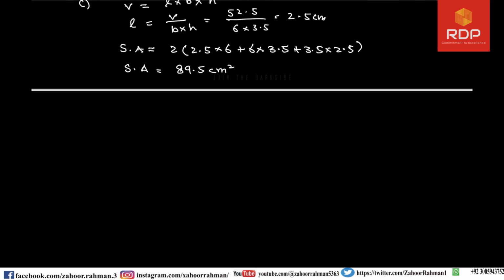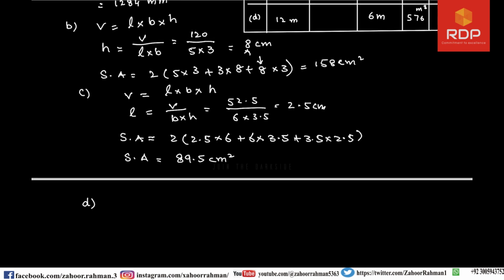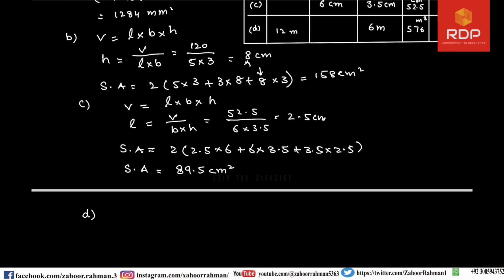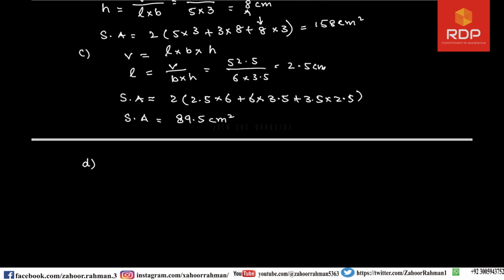Now we are going to do the row number D, in which you can see that 12. Here breadth is not given to us, so again the same criteria, volume is equal to length into breadth into height.